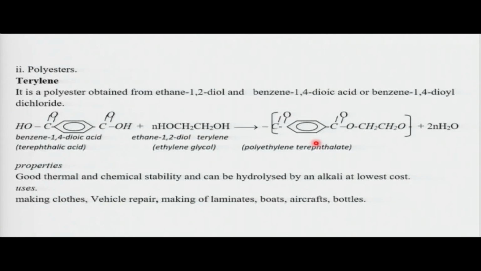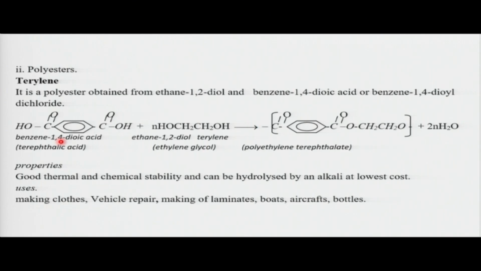Then we have also polyester. Last time we were trying to talk about polyester. This polyester, and the one we have talked about today, is actually polylactic what? Acid. This polyester is terylene, and terylene is formed from benzene 1,4-dioic acid, or we call it terephthalic acid.